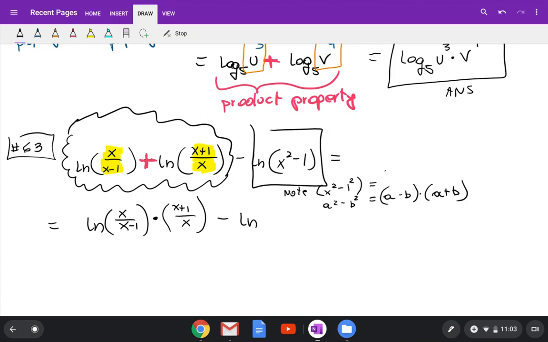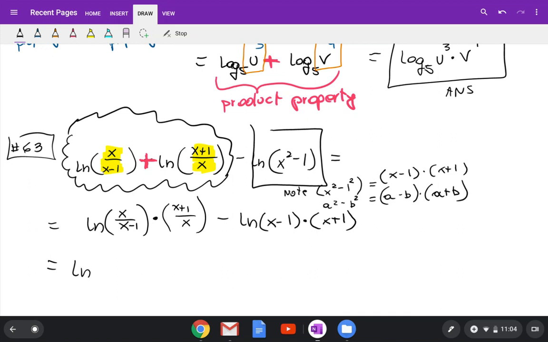So I'm going to rewrite that as x minus 1 times x plus 1. So ln of x squared minus 1 is the same as ln of x minus 1 times x plus 1. Okay, so I factored that quadratic expression. Okay, here. So let's maybe simplify the first expression. So this is the same as ln, and look what happened. We have a multiplication.